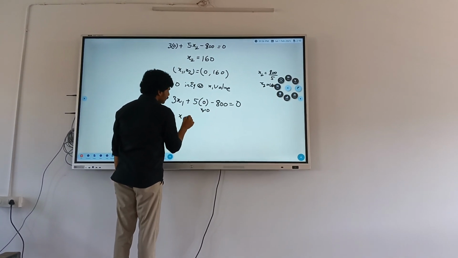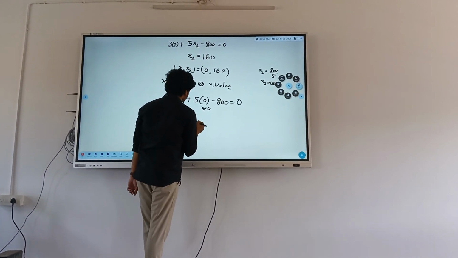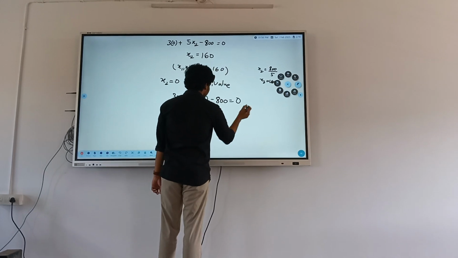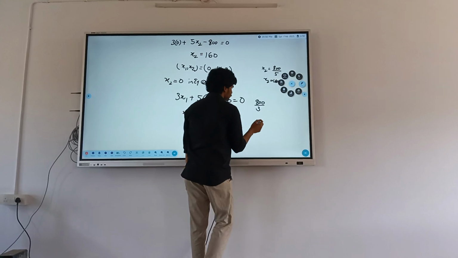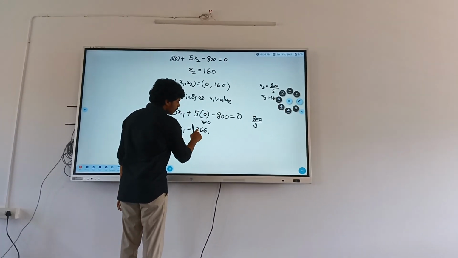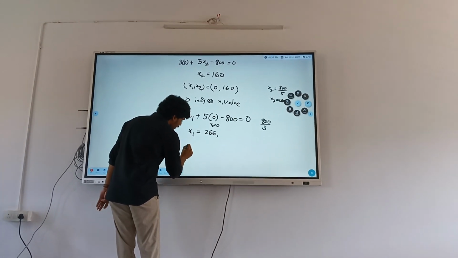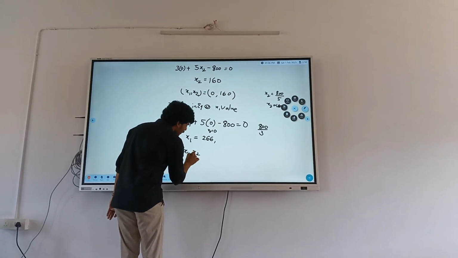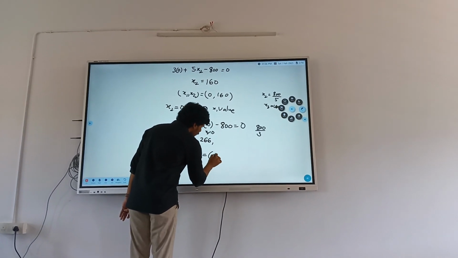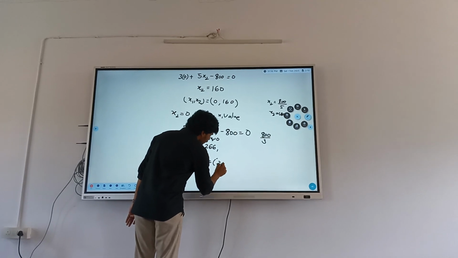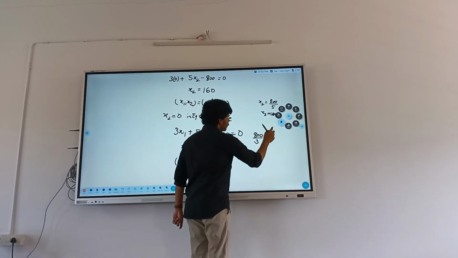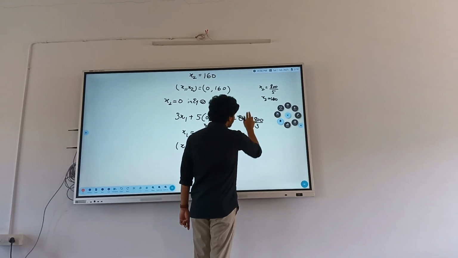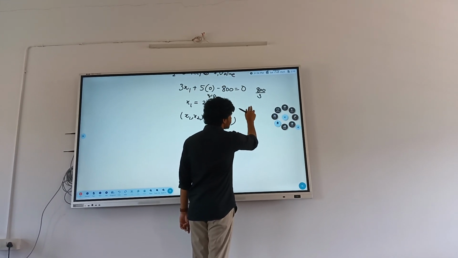So the x1 value will be 266. So the optimal points will be 266, comma 0. So we have got two optimal points from equation 2.